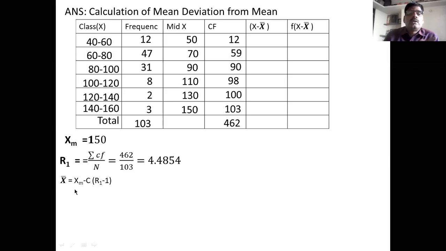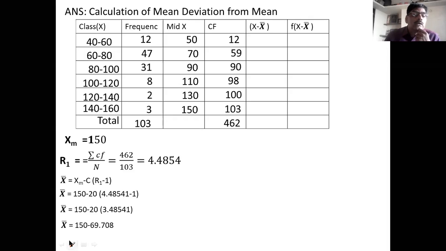So X bar is equal to 150, the XM value, 20 is the class interval, R value is 4.4851 minus 1, equal to 150 minus 20 in the bracket 3.48 something. This part is to be calculated first. Don't deduct the 150 less 20. You remember this. Last stage, you have to make the addition or subtraction in the first term.